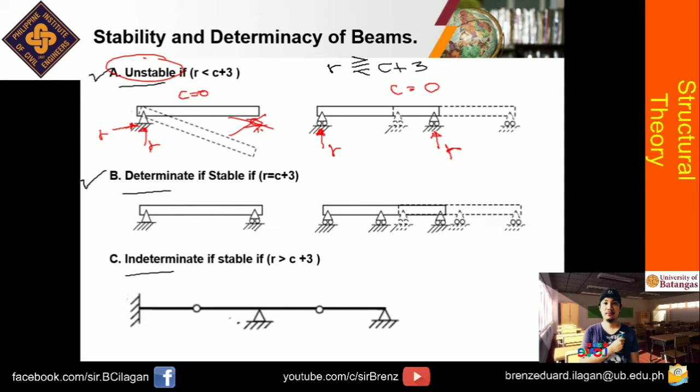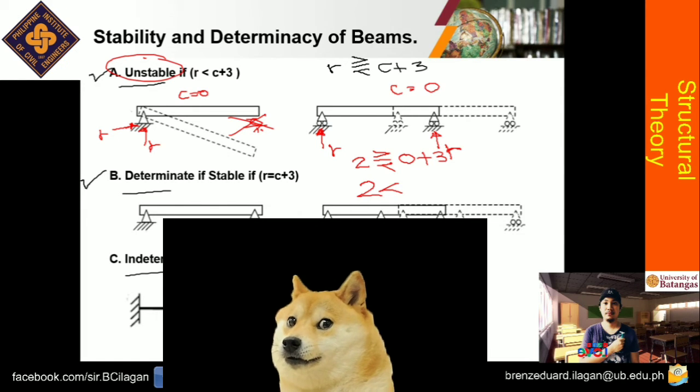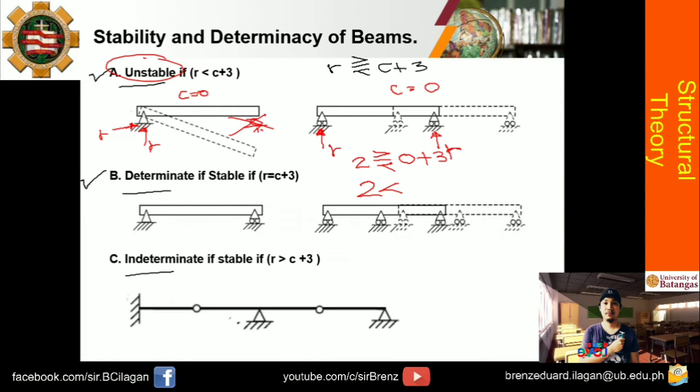So R is equals to 2, greater than or equals or less than C, which is 0, plus 3. So ano mangyayari sa equation? So 2 is less than 0 plus 3. Okay. So, less than. Ibig sabihin, unstable.